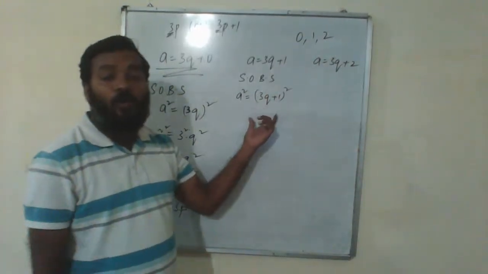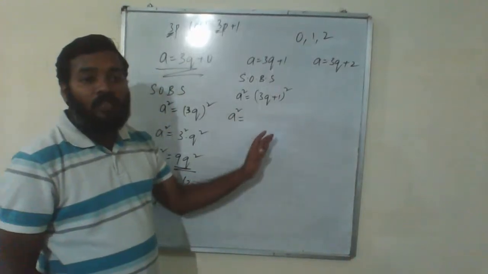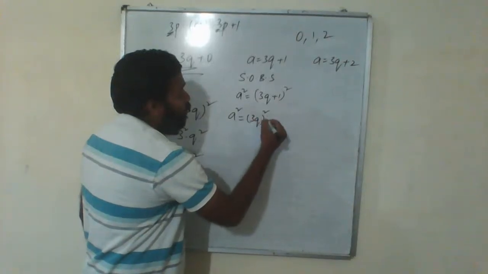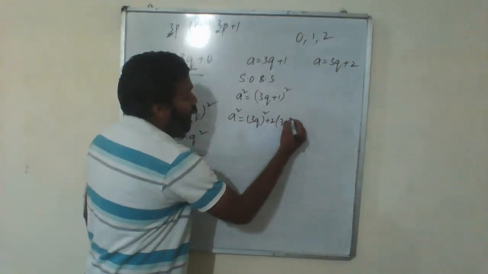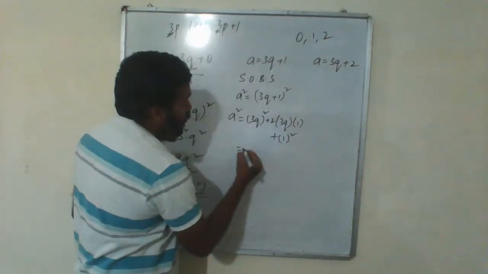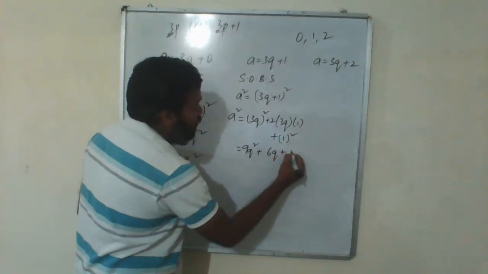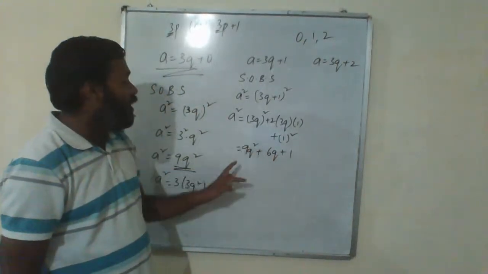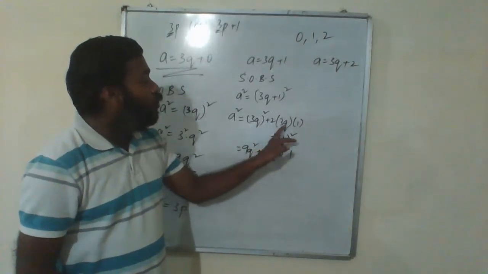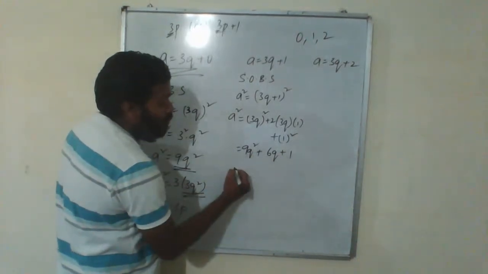This is in the form of a plus b whole square, so apply that formula here: a square plus 2ab plus b square. 3q whole square is 9q square, plus 2 3s are 6q, 6q into 1 is 6q, plus 1 square is 1. So 9q square plus 6q plus 1.